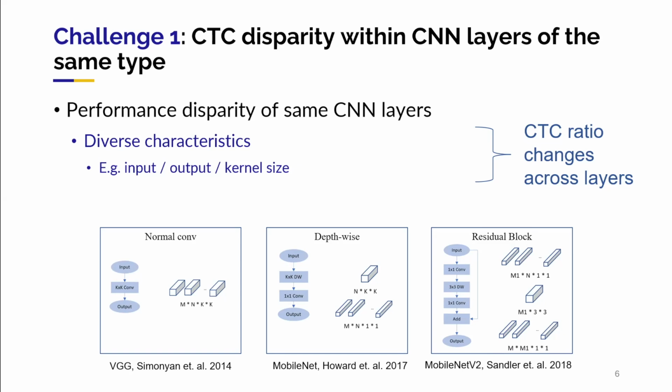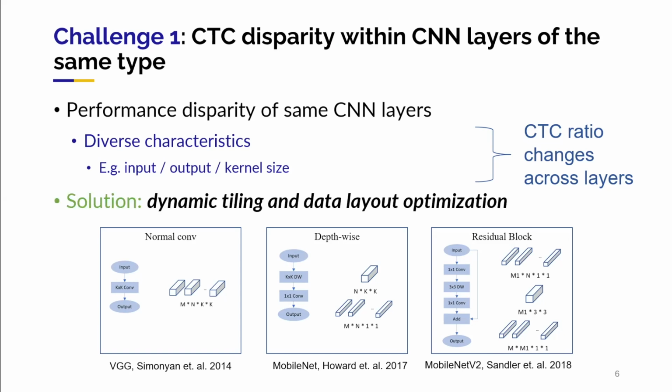Our solution to this is the concept of dynamic tiling, where we use tiling factors that are configured during runtime to enable more balanced execution. We also have some data layout optimization to maximize the burst length when reading data from off-chip memory.